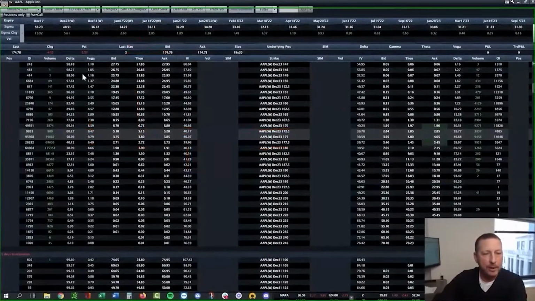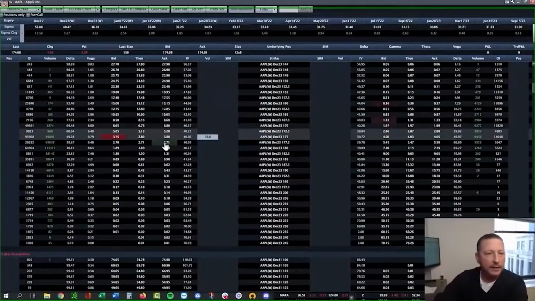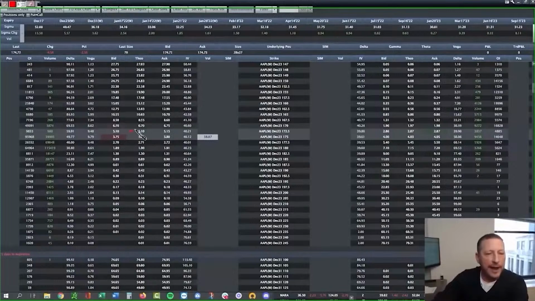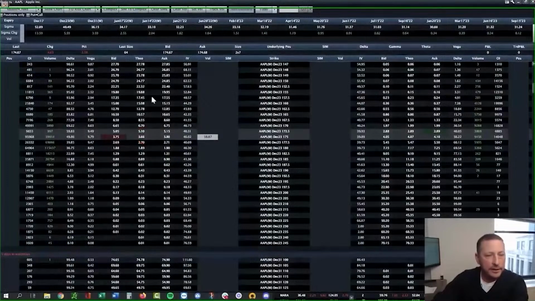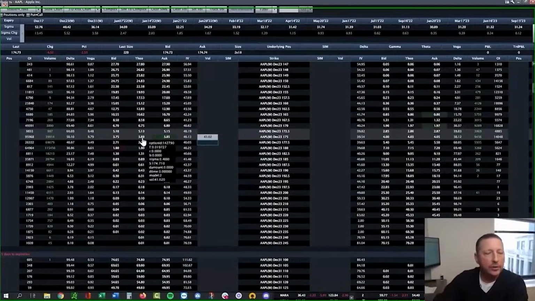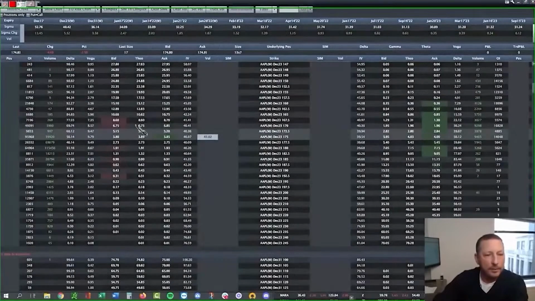So watch the middle part here. I am going to decrease the implied vol, and look at that. The value of that option went down by about 10 cents. Now I'm going to increase this implied vol by 1 point, and you can see the value of that option went up by 10 cents.